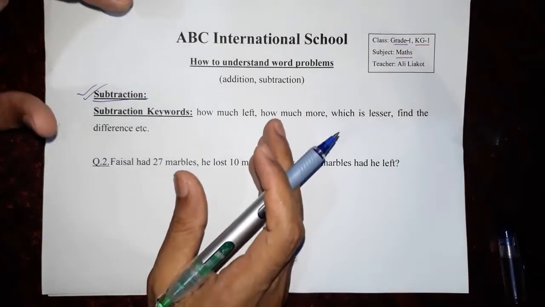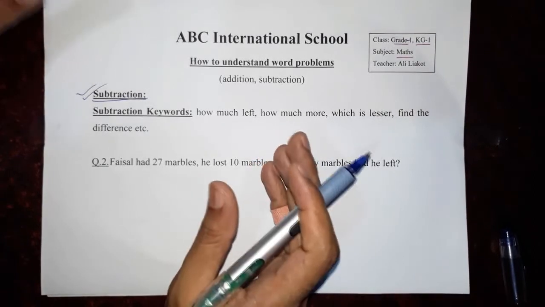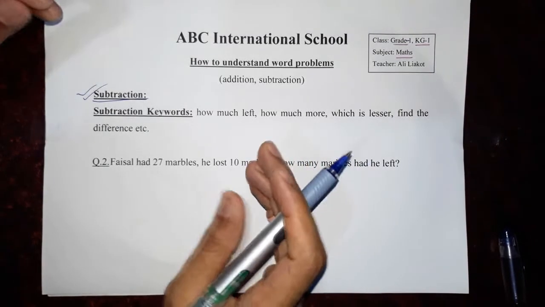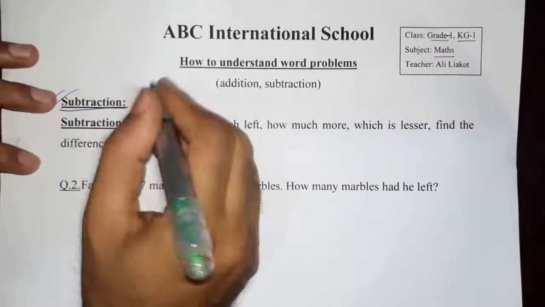When we subtract, the number of things in the group is reduced or becomes less. So what is subtraction? Subtraction is the process or skill. So we can write it.